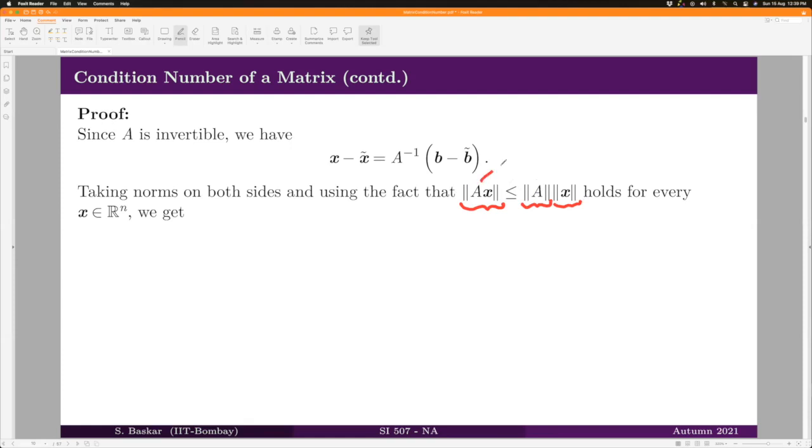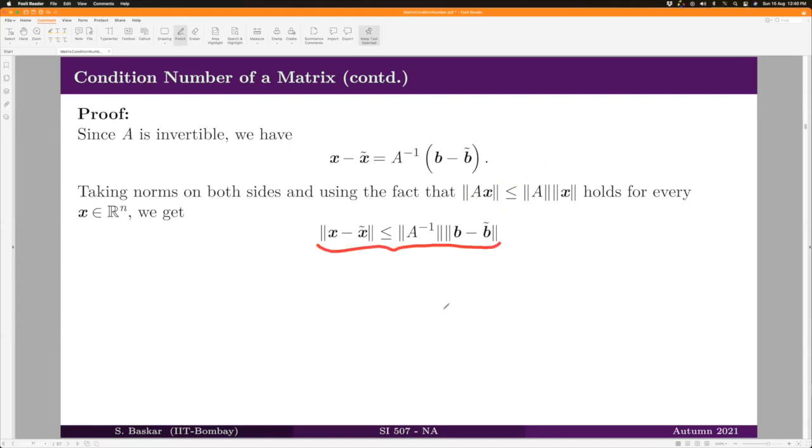Now, you replace A by A inverse and x by b minus b tilde, and see that norm of x minus x tilde, which is actually this, is less than or equal to norm A inverse into norm b minus b tilde, correct? That is what we will be writing here.